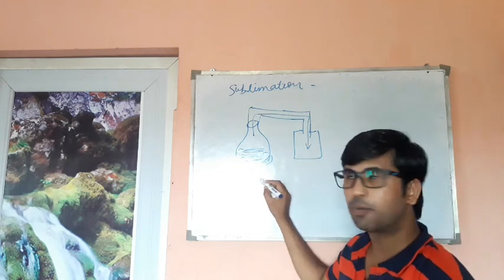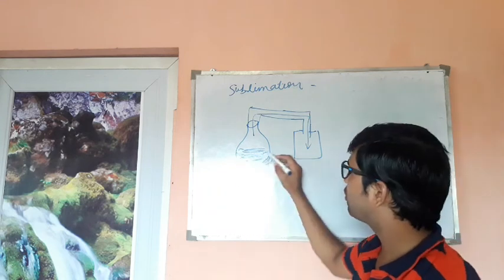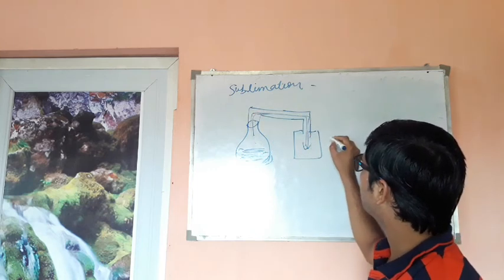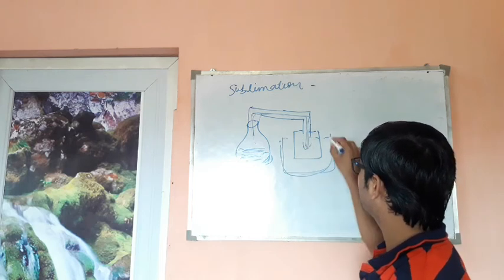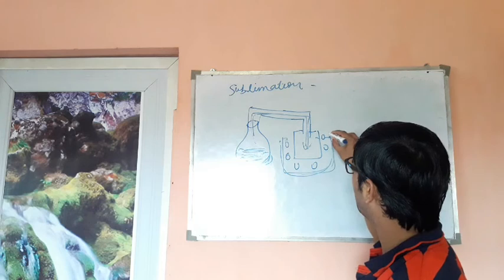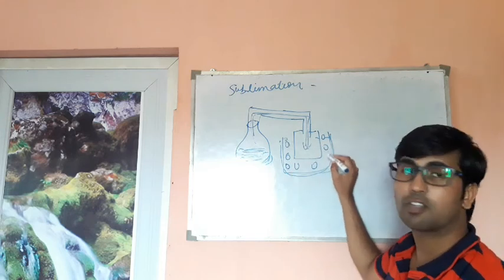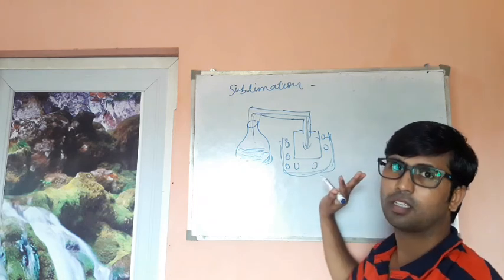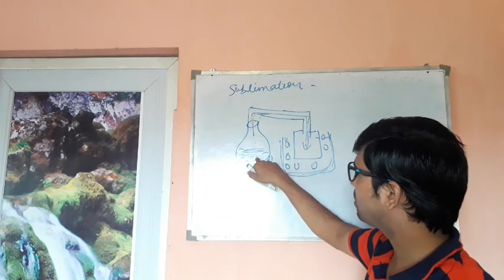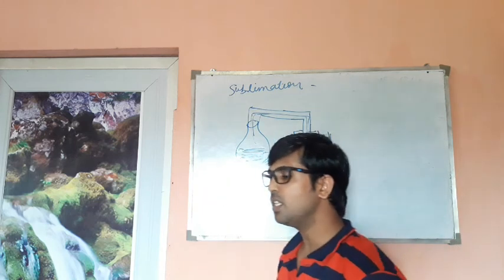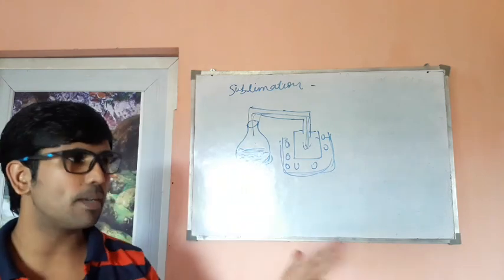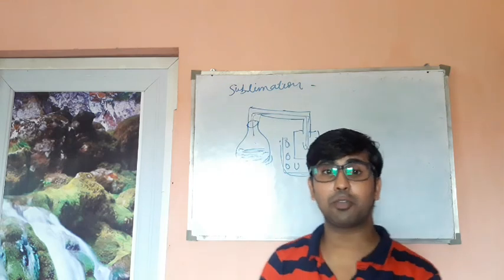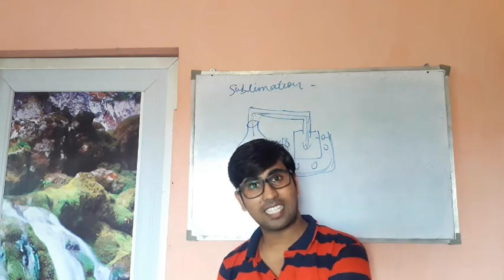As you start heating, ammonium chloride changes from solid to gaseous state, and in the vapor form it will drop from here, and here you can put this apparatus in an icy bowl, where because of the low temperature all those vapors convert back into solid, as it was before. So by this method we can separate any material which has a sublimative property, or which has the property to convert itself from solid to gaseous state directly.